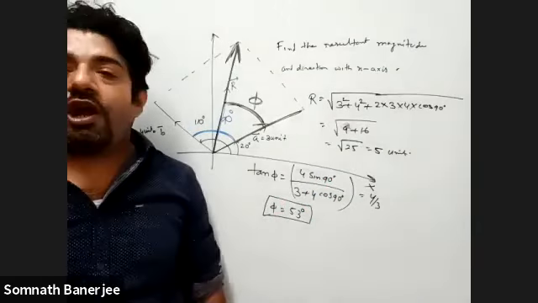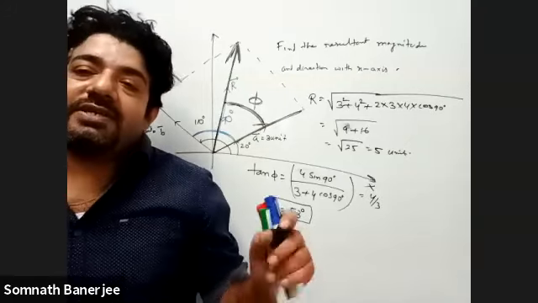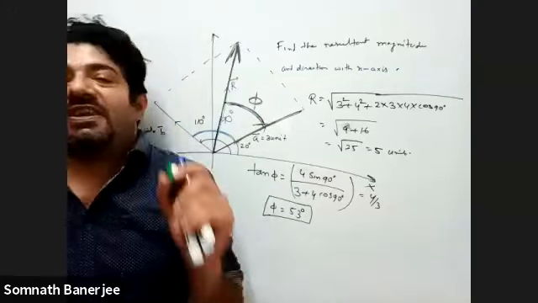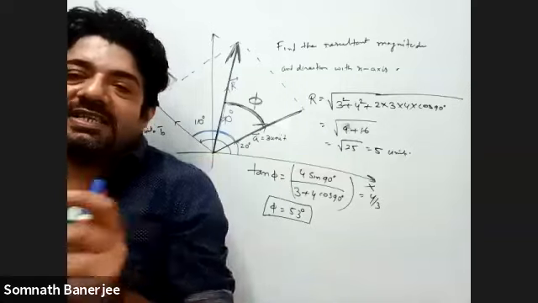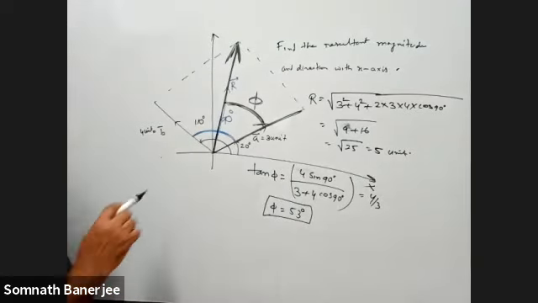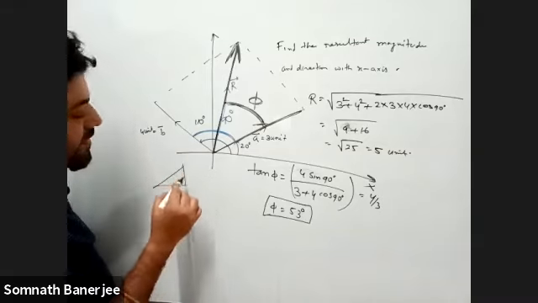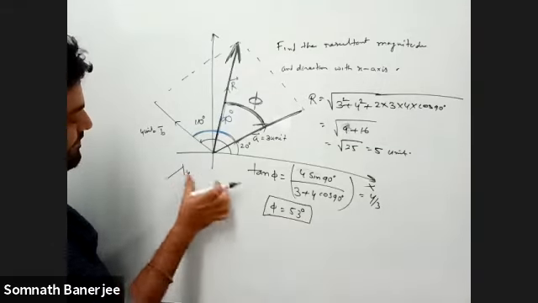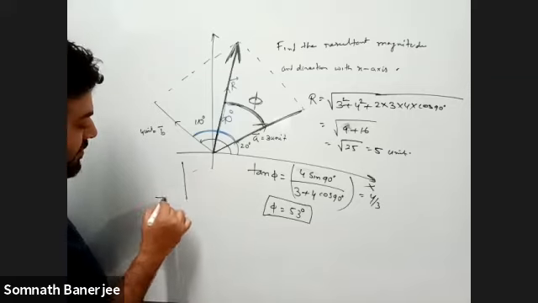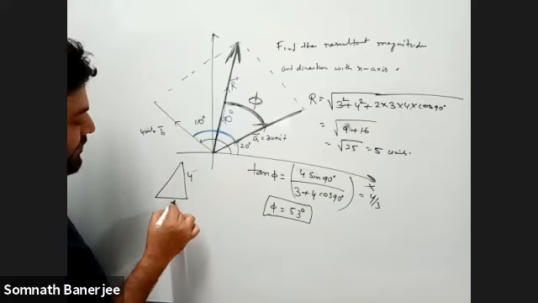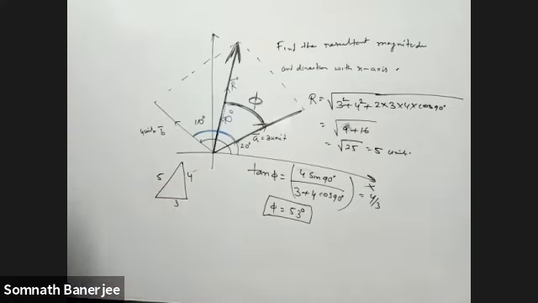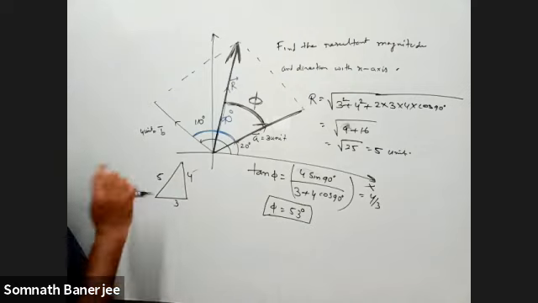Now we all know from class 10, 0 degree, 30 degree, 45 degree, 60 degree and 90 degree. But this one is also very popular in class 11, that if this one is 4, this one is 3, this one is 5, because 3 square plus 4 square equals 5 square.